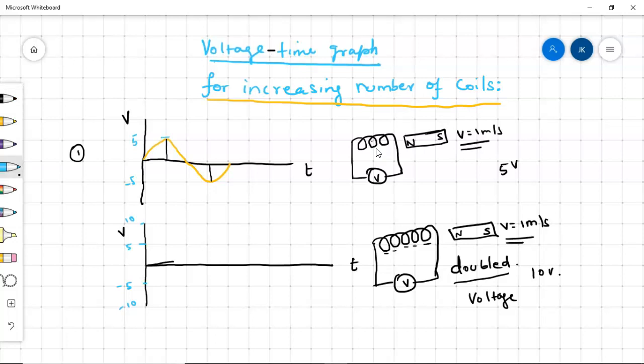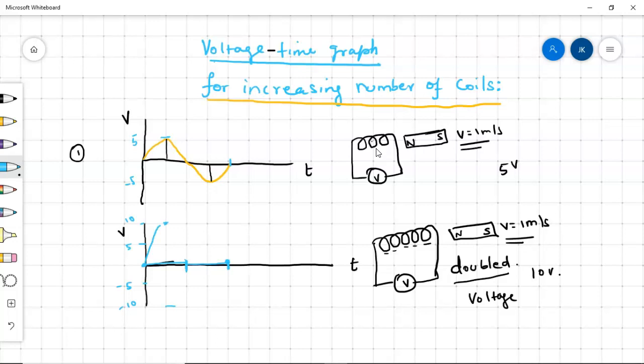Here before it was 5 volts, now it is going to be 10 volts. So here is the range, and within this point we are going to draw one complete wave. First you split it into two equal divisions. Here is the center region, and in this space we draw one crest, and in this space we draw a trough.